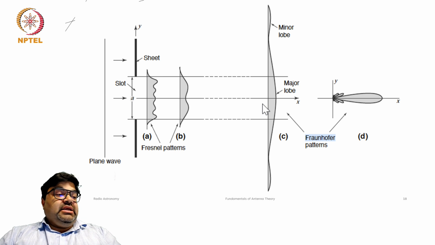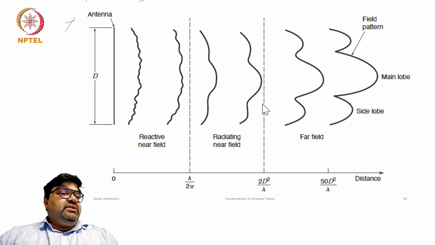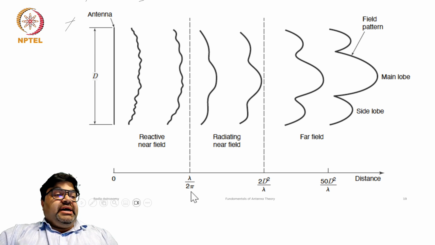Putting it into the context of the antenna, you can see the reactive near field from the aperture of the antenna till lambda over 2 pi, and from lambda over 2 pi to 2d square over lambda, this is the radiating near field or Fresnel zone, and from 2d square anything above is called the far field or Fraunhofer zone.